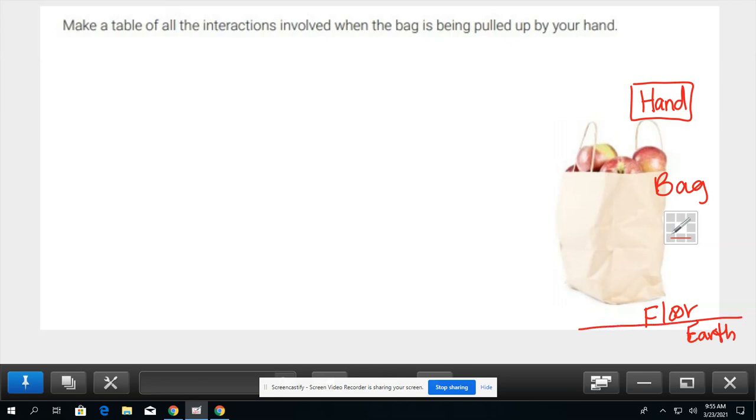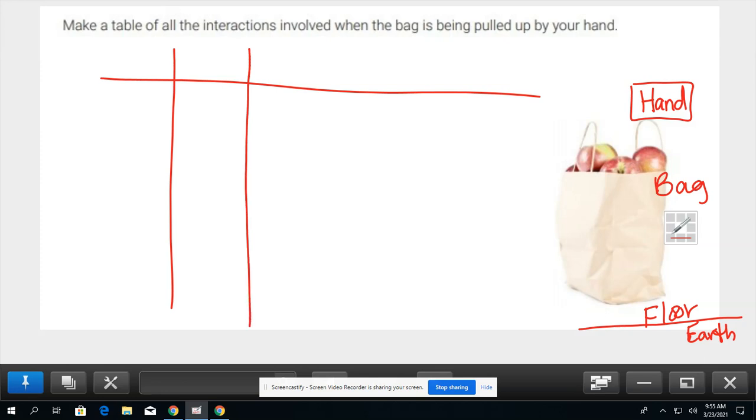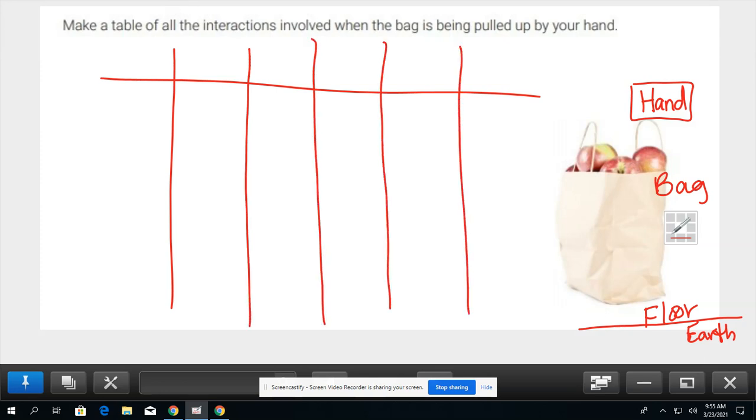What you'll need to do is create a forces chart, with 4 rows and 5 columns.